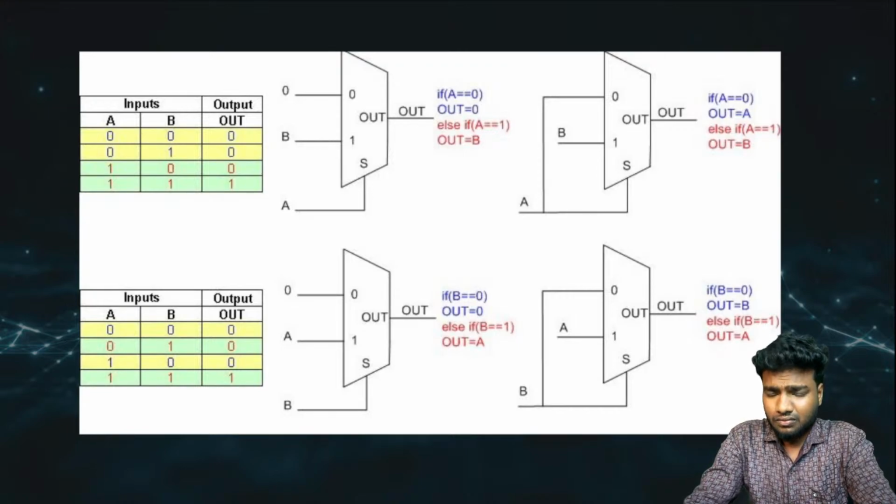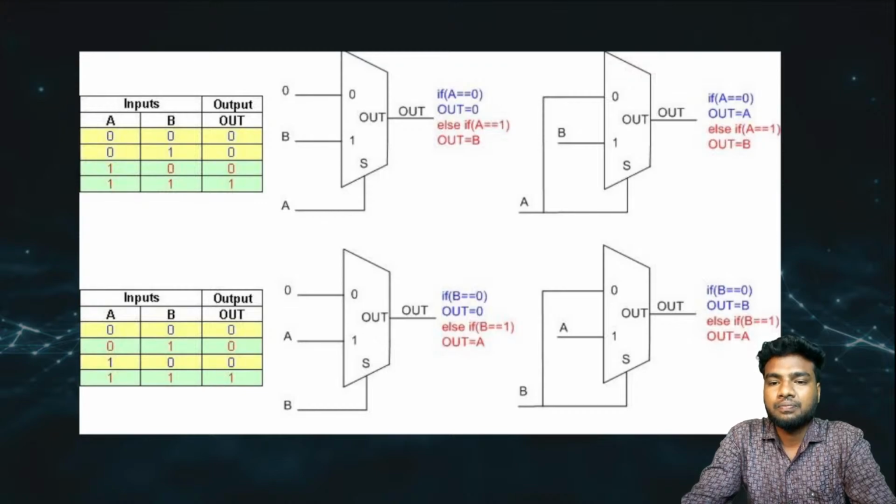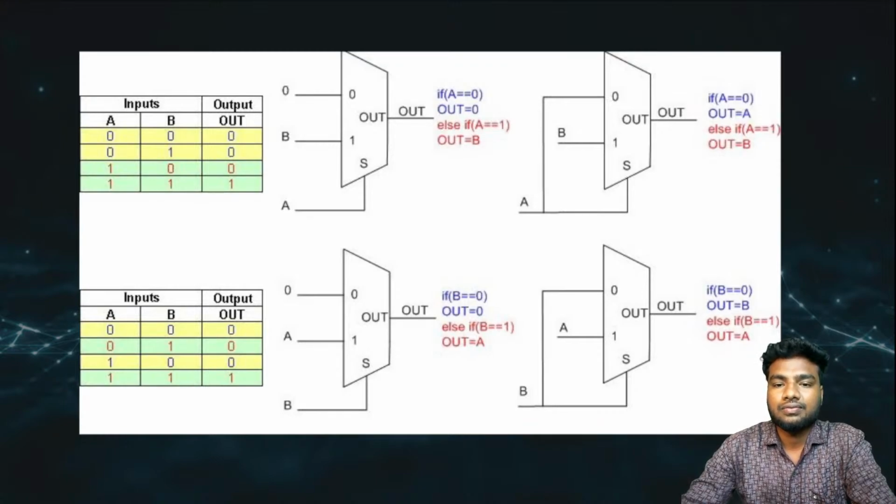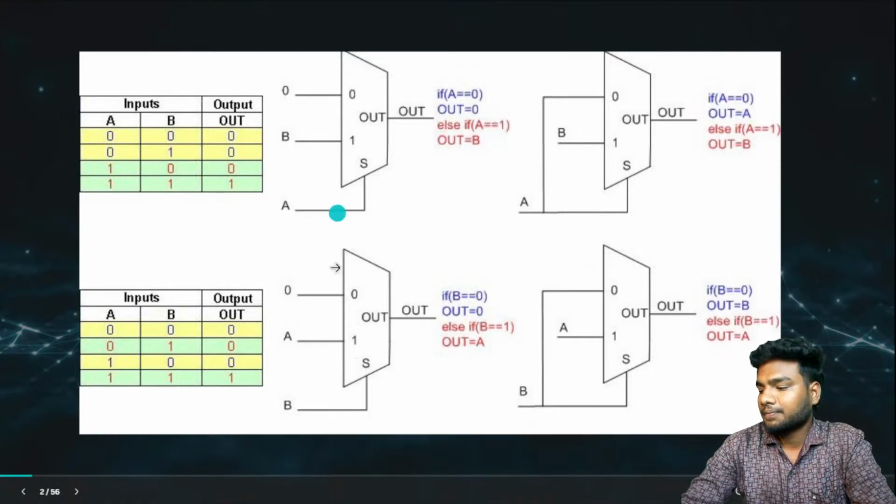The question is: you can build any logical gate by using the 2x1 mux. This is one interview question, and this is the answer for that. By using the 2x1 mux, you can create any logical gate operation. This is an example for that.